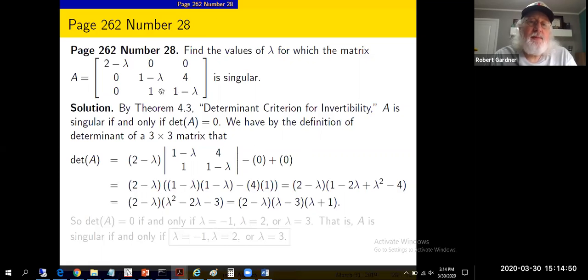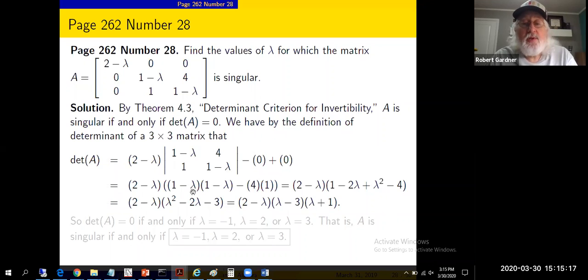We'll have 2 minus lambda times the determinant of the minor matrix, if we go along the first row, minus 0 times something plus 0 times something. I don't care what the somethings are. They're determinants of 2x2 matrices, but it doesn't affect the numbers, so we don't need them. That gives us 2 minus lambda times the determinant of this 2x2 matrix: 1 minus lambda times 1 minus lambda, minus 4 times 1.